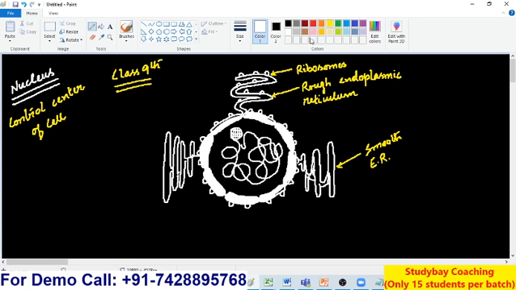This part is your nucleolus. This is nucleolus. Alright, and these threaded structures are known as chromatin network.